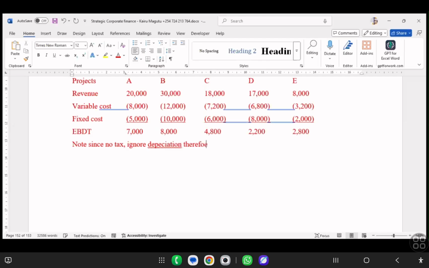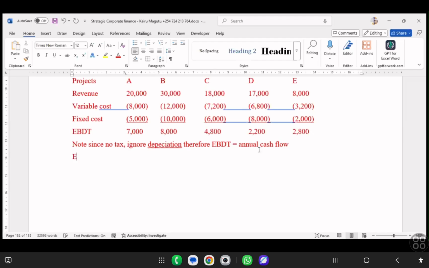Therefore, earnings before depreciation and tax is equal to annual cash flows. Since there is no depreciation and no taxation, annual earnings before depreciation and tax is the same as the annual cash flow.